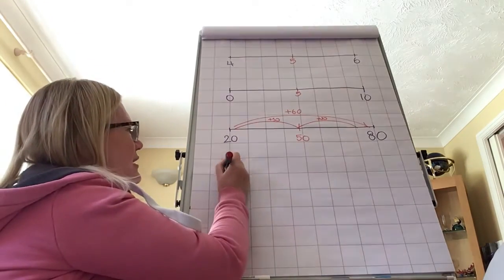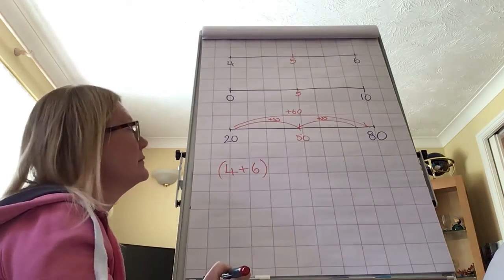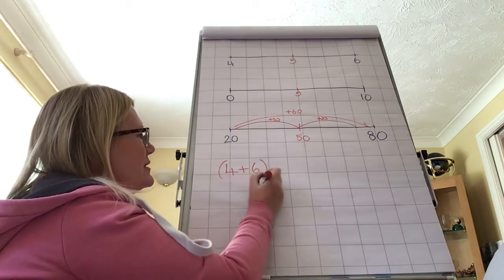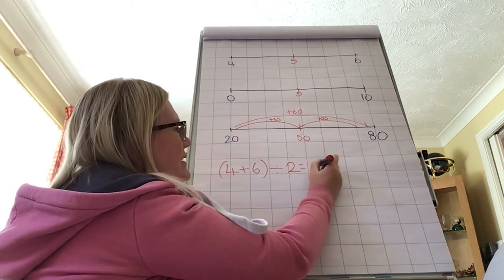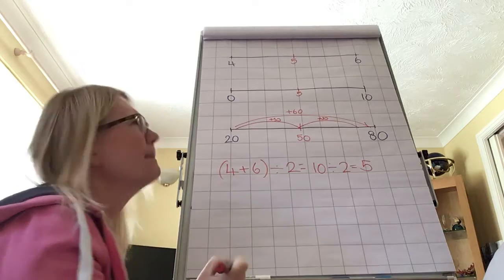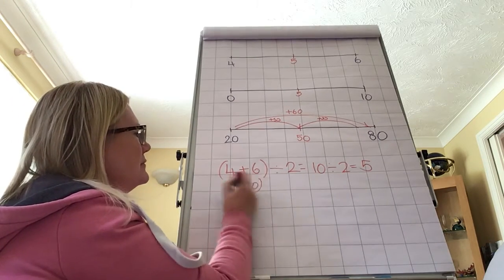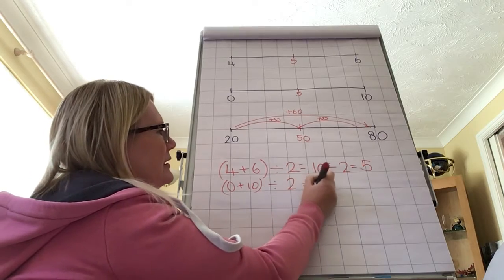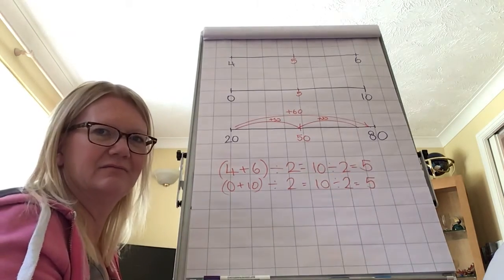Well, to find the mean, you add them together. And then we've got two numbers, so we would divide it by 2, which gives us 10 divided by 2, which equals 5. Does that also work for 0 plus 10? 0 plus 10 divided by 2 gives us 10 divided by 2, which equals 5.